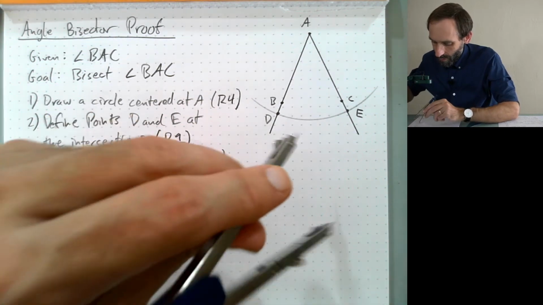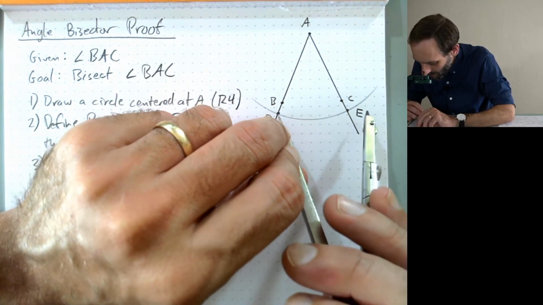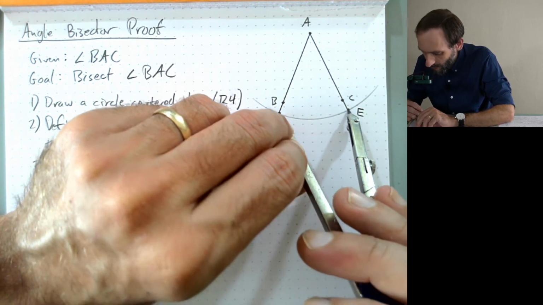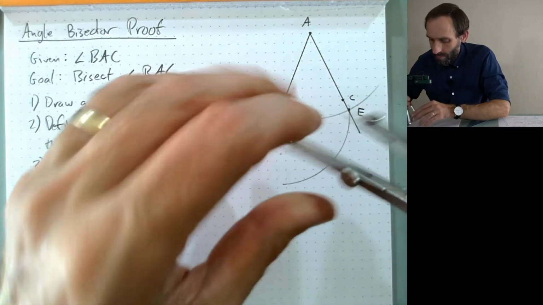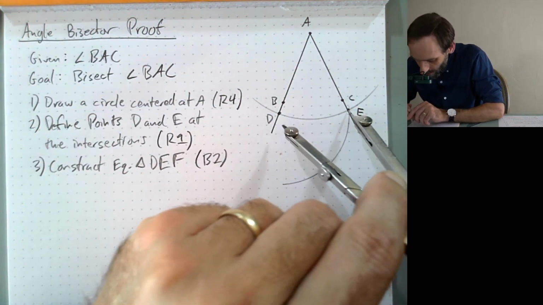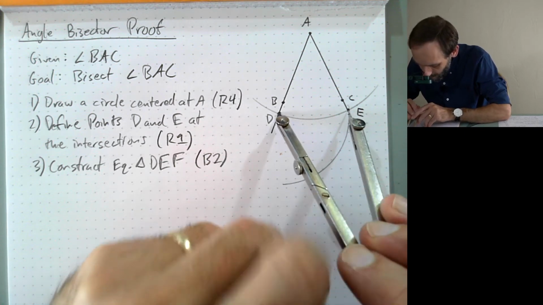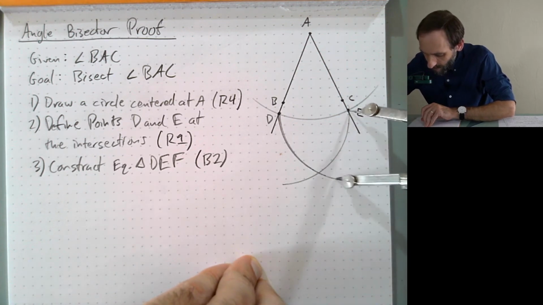So I'll draw my arcs here. Let's make sure that my compass is the right width first. Okay. So go ahead and draw that arc there. And go ahead and draw this arc right here. Okay.